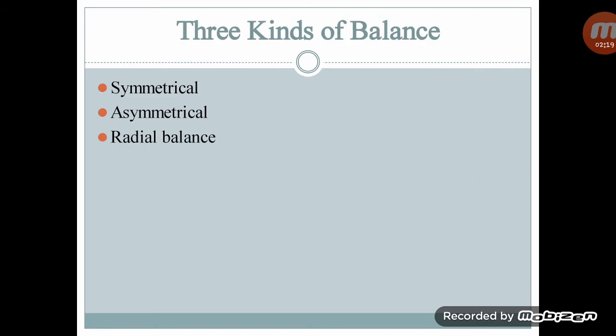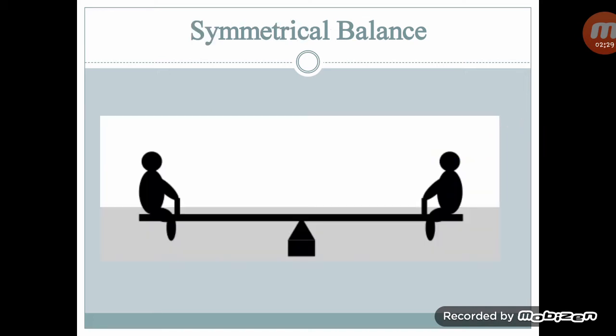Three kinds of balance: symmetrical, asymmetrical, radial balance. Symmetrical balance. Other terms for symmetrical balance are formal balance or classical balance.